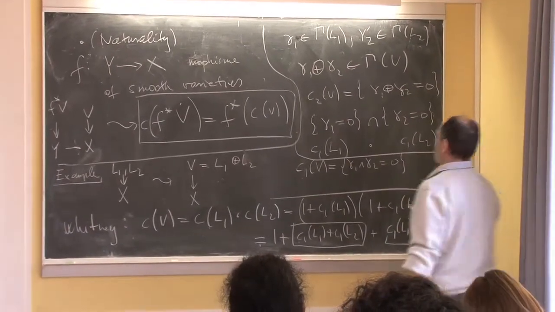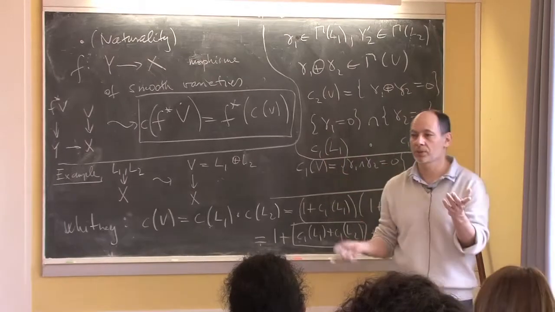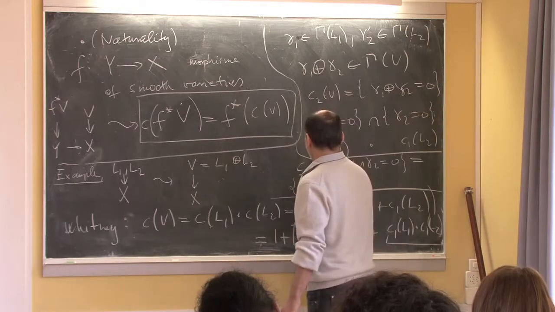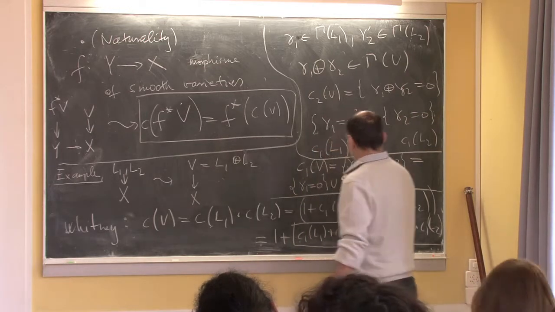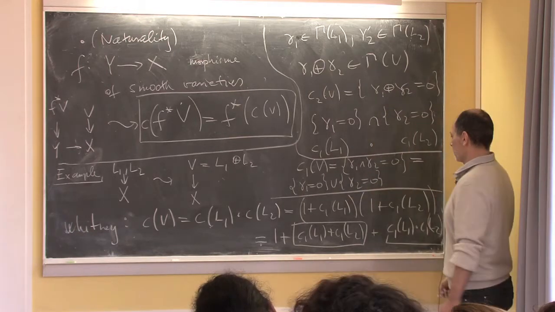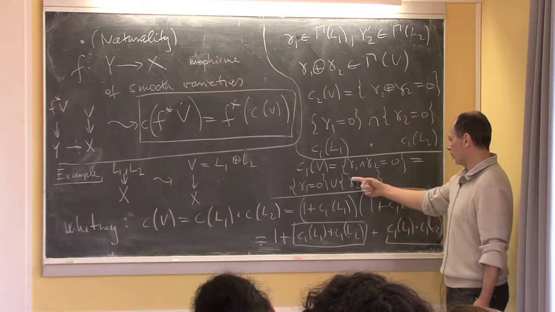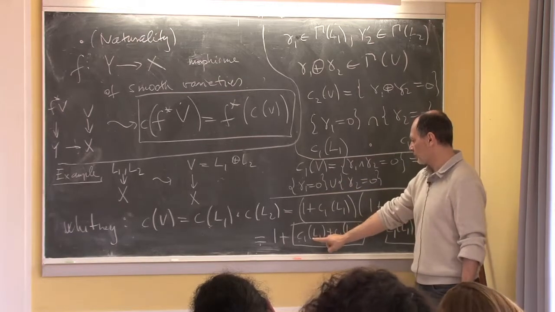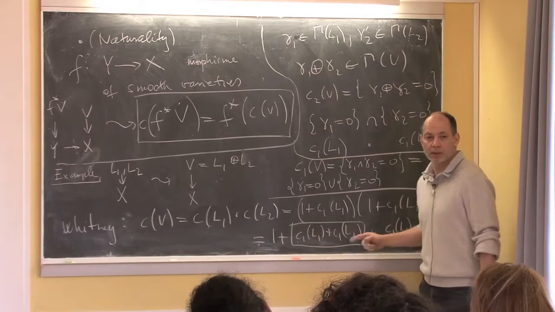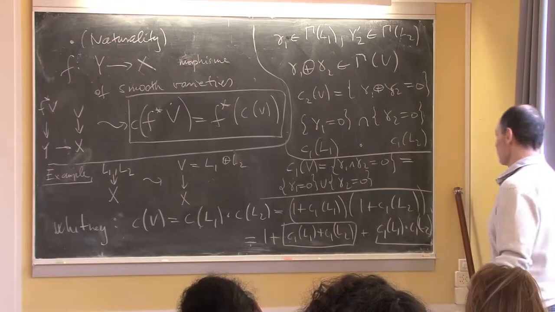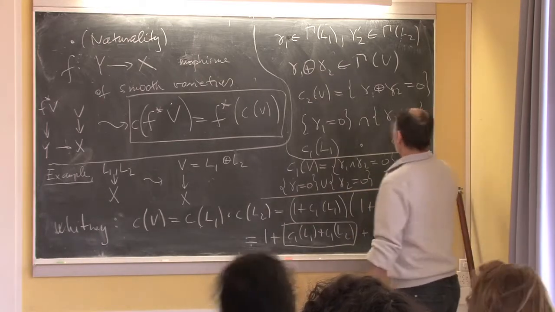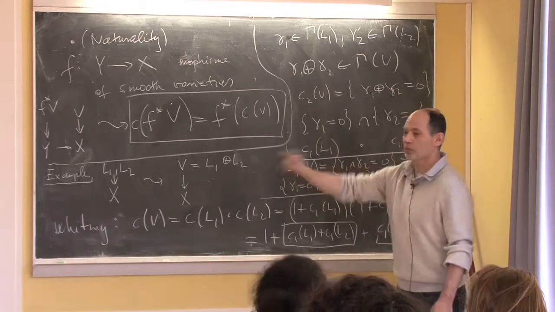If none of them is 0, they cannot be collinear because it's a direct sum. They point in different directions. So this can only happen if either gamma 1 is 0 or gamma 2 is 0. Okay? And of course, it's the corresponding class. As you can see, it's precisely the union. So in the Chow group, the corresponding class is c1, and it's a sum of Chow classes, which corresponds to the union. So here you see the consistency of that definition with Whitney's formula.